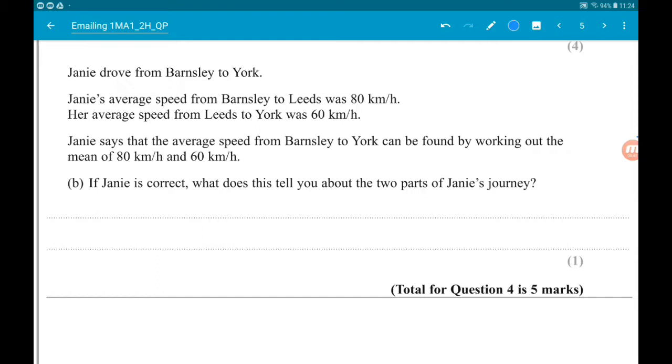Part B. If Janie is correct, what does this tell you about the two parts of Janie's journey? Okay, so quite a tricky one probably to wrap your head around. Imagine that you were in a ridiculously fast car and you travelled 100 kilometers per hour for 10 hours. And then you slowed right down and you went 30 kilometers per hour for 1 hour.